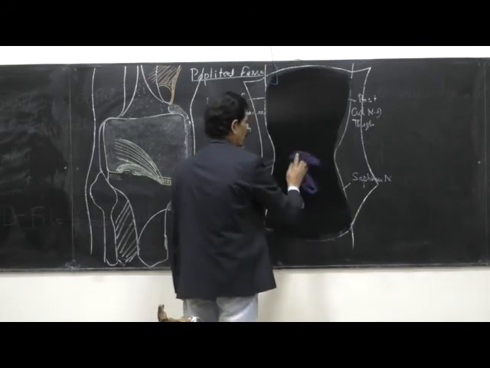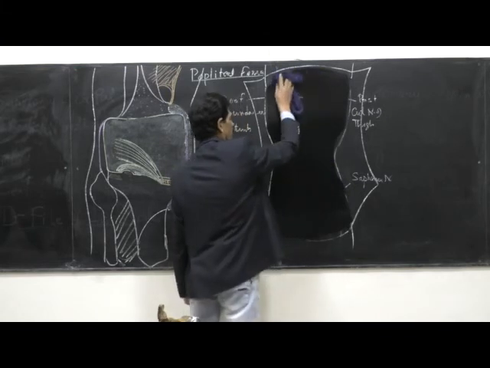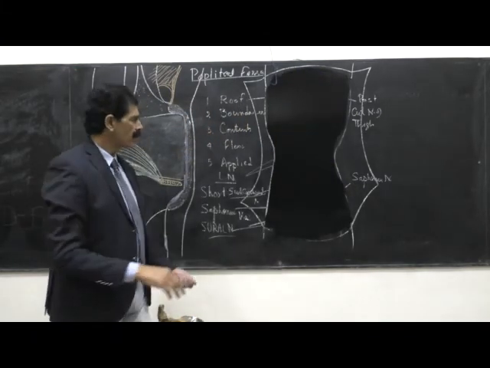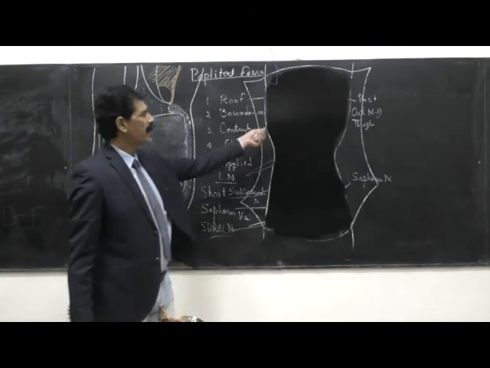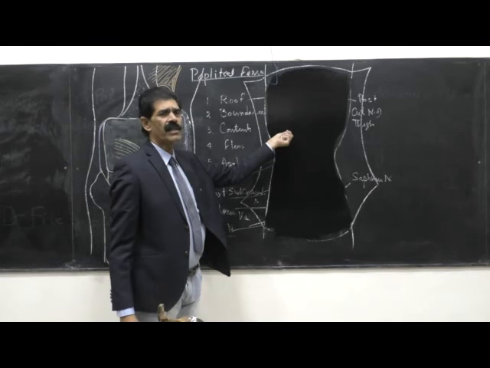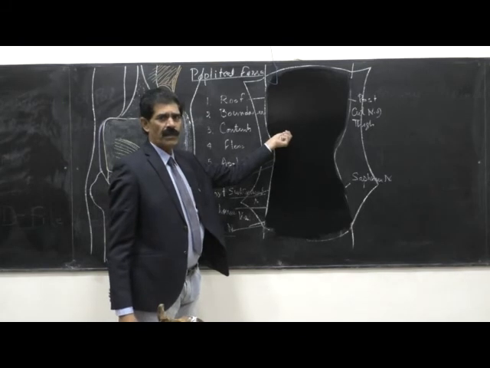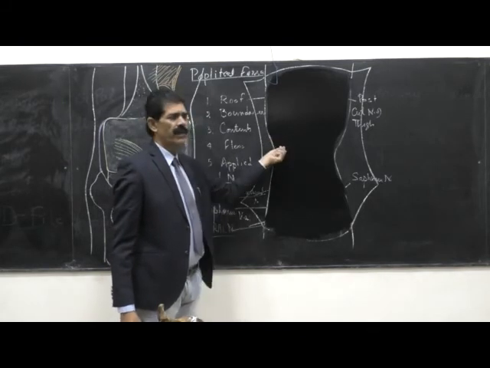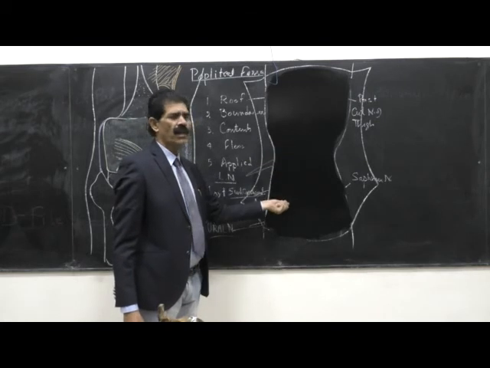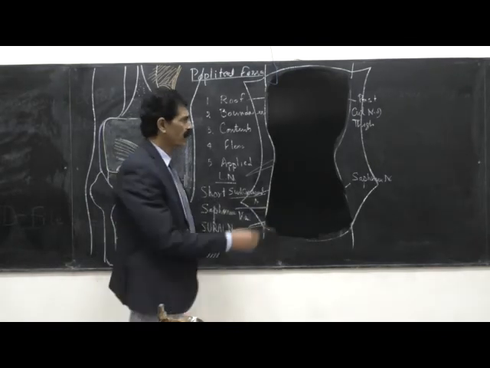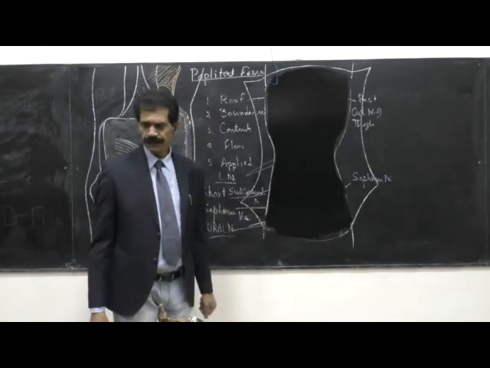So when we remove all the structures of the superficial fascia of the popliteal fossa, what we encounter is the deep fascia. In the upper part, this deep fascia is the fascia lata, which is attached to the lateral and medial condyle of the femur. In the lower part, the deep fascia of the leg is there, called fascia cruris.